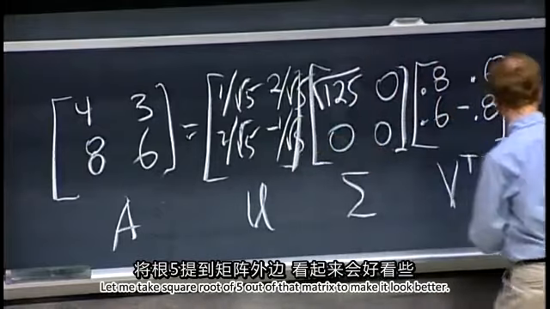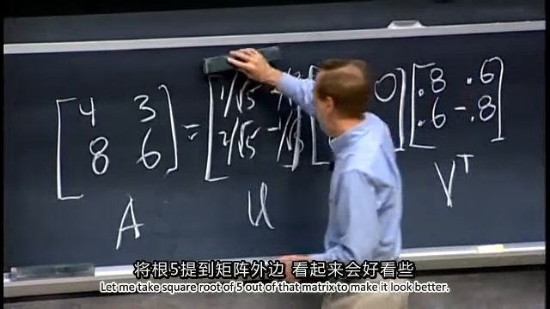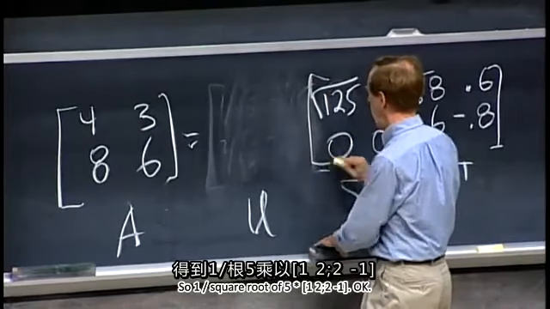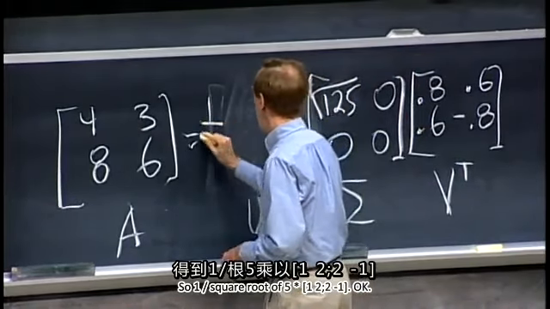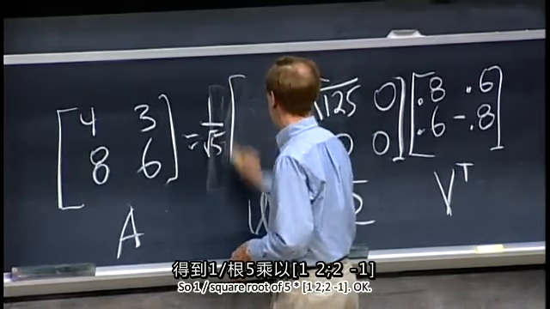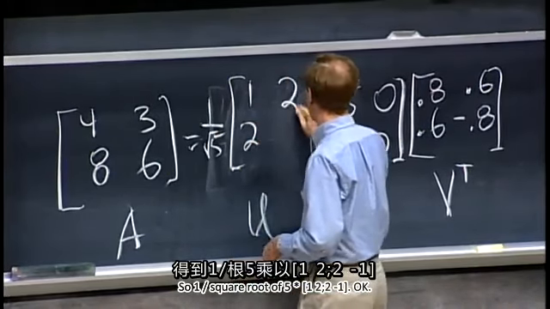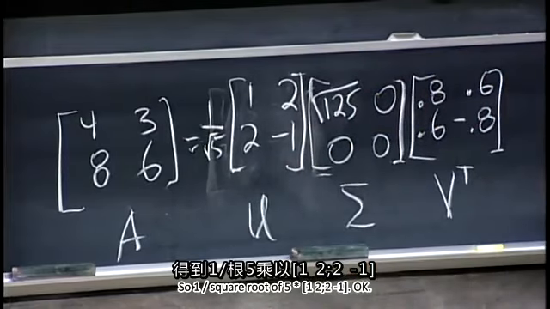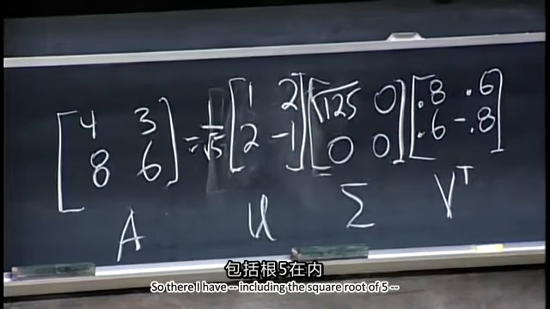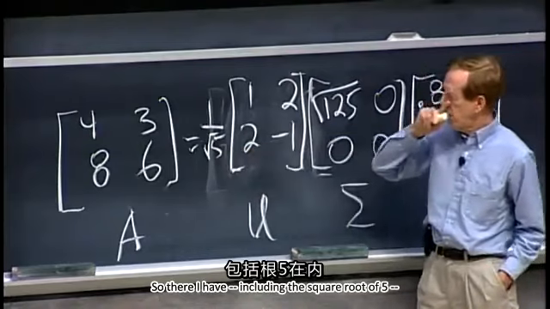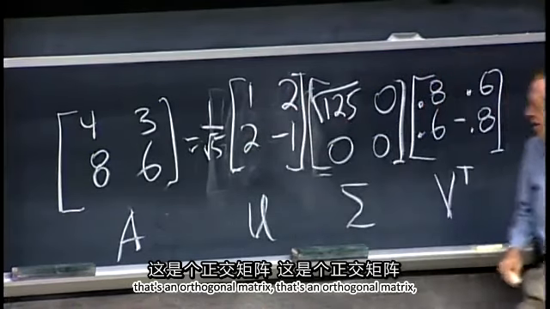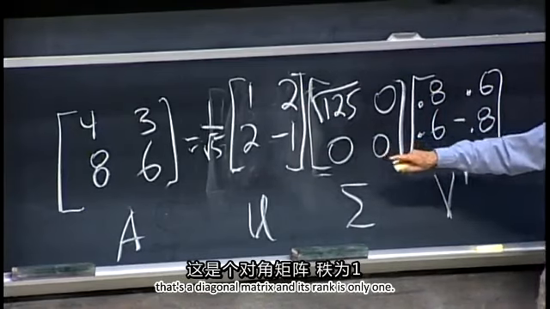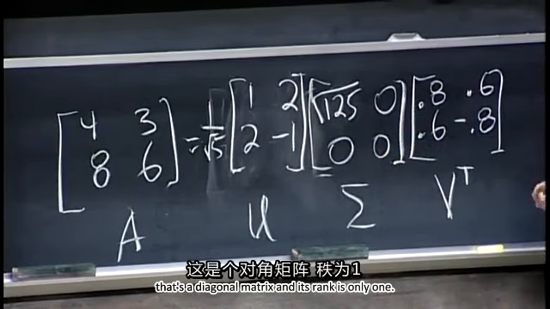Let me take square root of 5 out of that matrix to make it look better: 1 over square root of 5 times 1, 2, 2, minus 1. So there I have, including the square root of 5, an orthogonal matrix, a diagonal matrix, and an orthogonal matrix, and its rank is only 1.